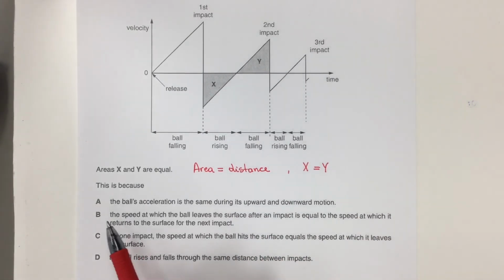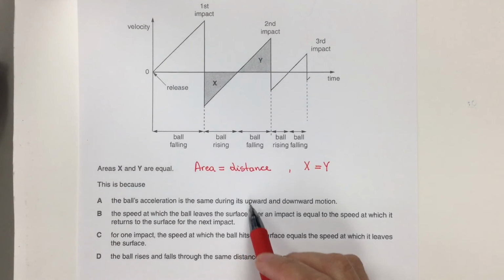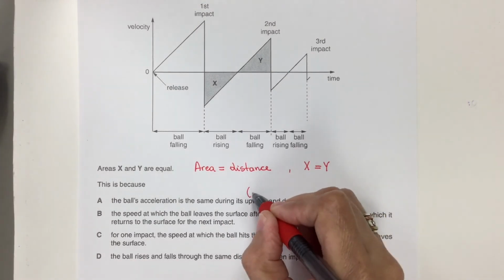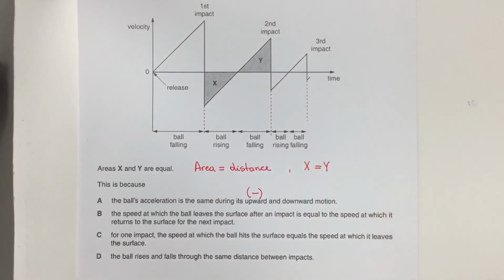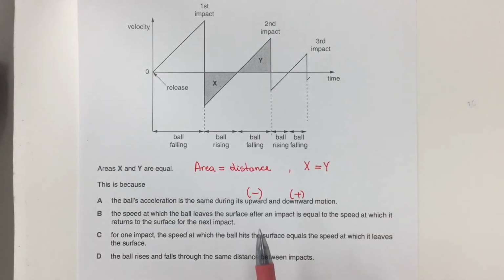Okay, the first one says the ball's acceleration is the same during its upward and downward motion. Going upward, the acceleration is going to be negative, and downward it is going to be positive, which means the ball here is going to decelerate and here is going to accelerate.